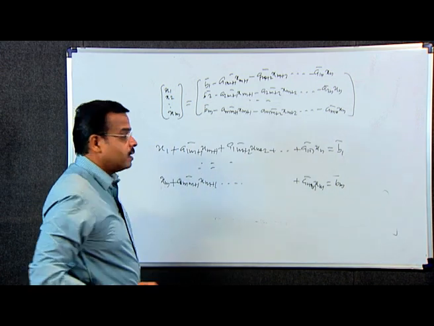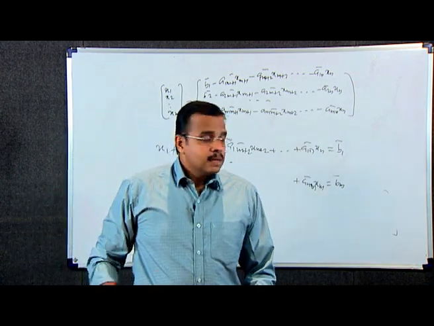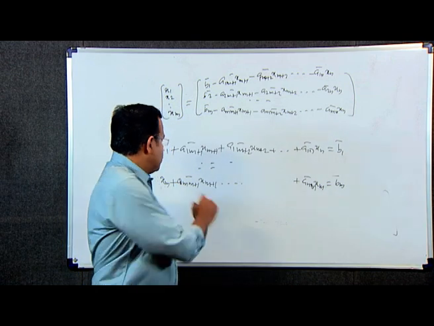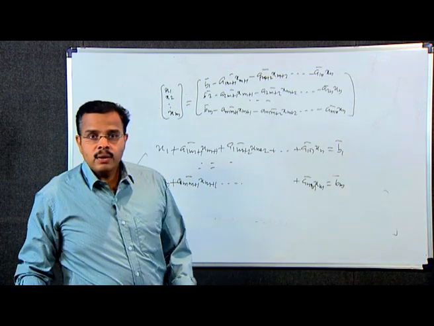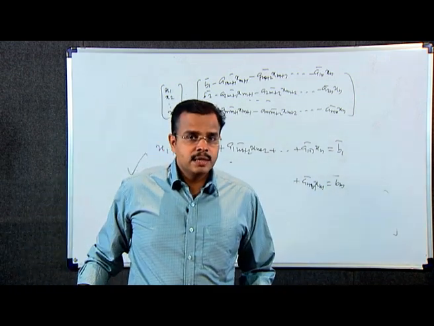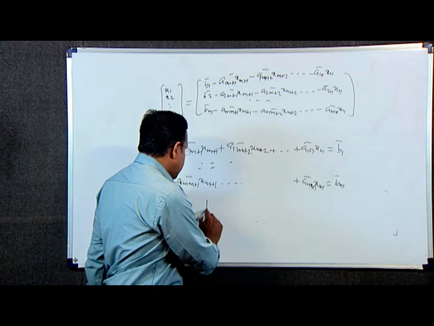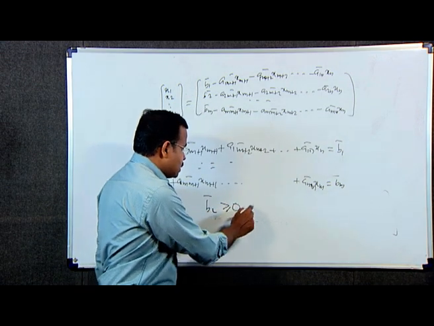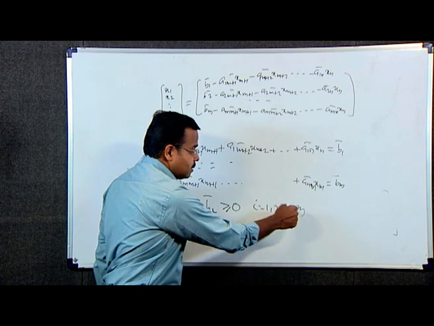These two are equivalent equations. The second form is called the canonical form of the equations, provided all these bi bar are greater than or equal to 0 for i equal to 1, 2, etc., m.